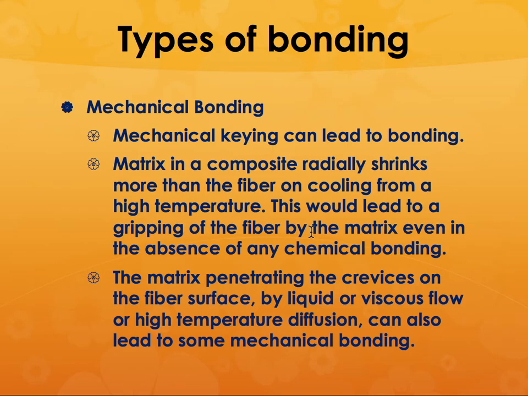For example, if you have a matrix that shrinks more than the fibers on cooling from a high temperature, it will result in better gripping of the fiber by the matrix even in the absence of any chemical bonding. And if the matrix penetrates between any kind of ridges on the fibers, that also increases the bonding between the matrix and the fibers.